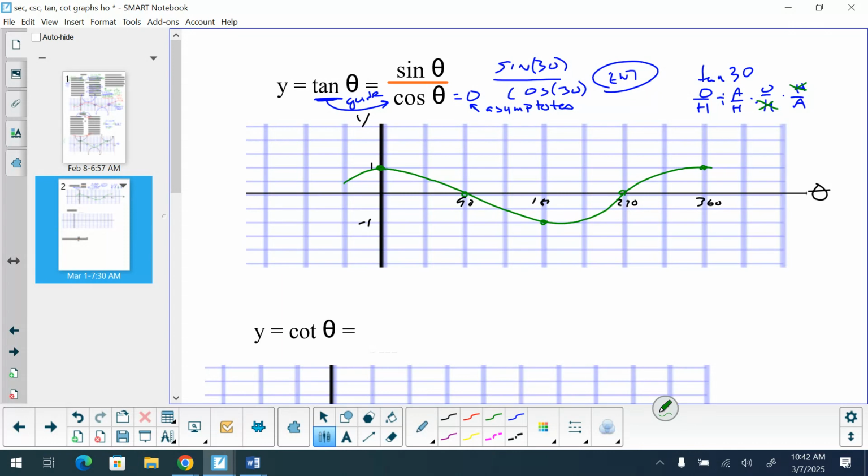We're still going to draw in our asymptotes. Wherever we hit the neutral axis, we're still going to draw these in. So we still have asymptotes of 90 and 270. It has not changed yet. What changes with tangent and cotangent?